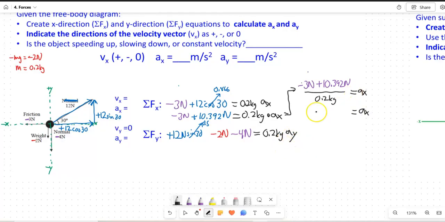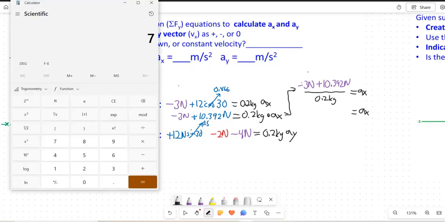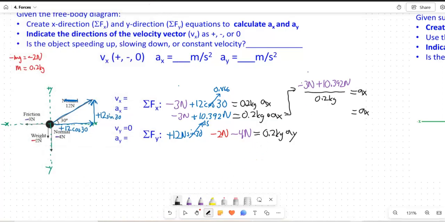That is going to be 7.392 divided by 0.2, which is 36.96. So this acceleration is going to be a positive 36.96. All right. So what does that mean? Well, that means this is going to be a positive 36.96 meters per second squared.